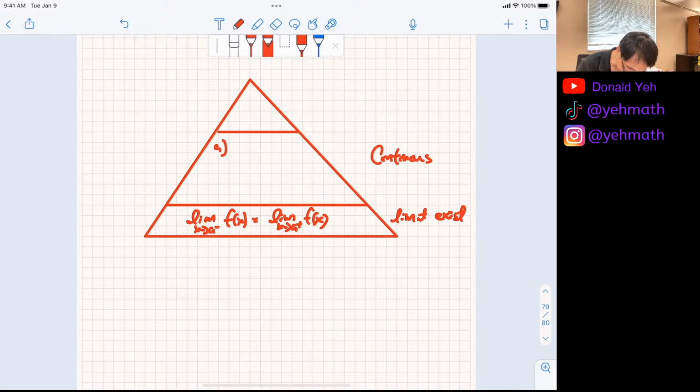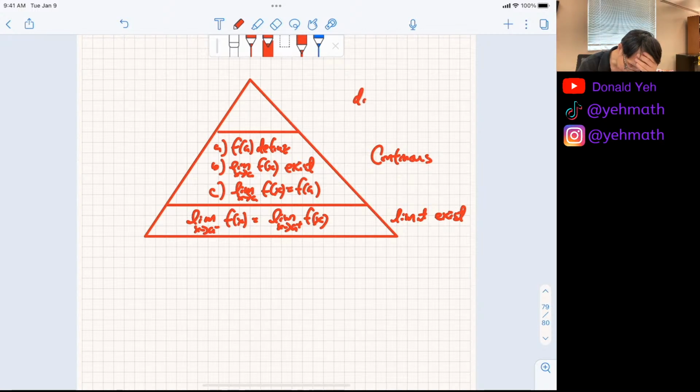Continuous has 3 requirements: a, f of a is defined; b, the limit as x approaches a of f of x exists, which is the prior thing; and c, the limit as x approaches a of f of x is equal to f of a.